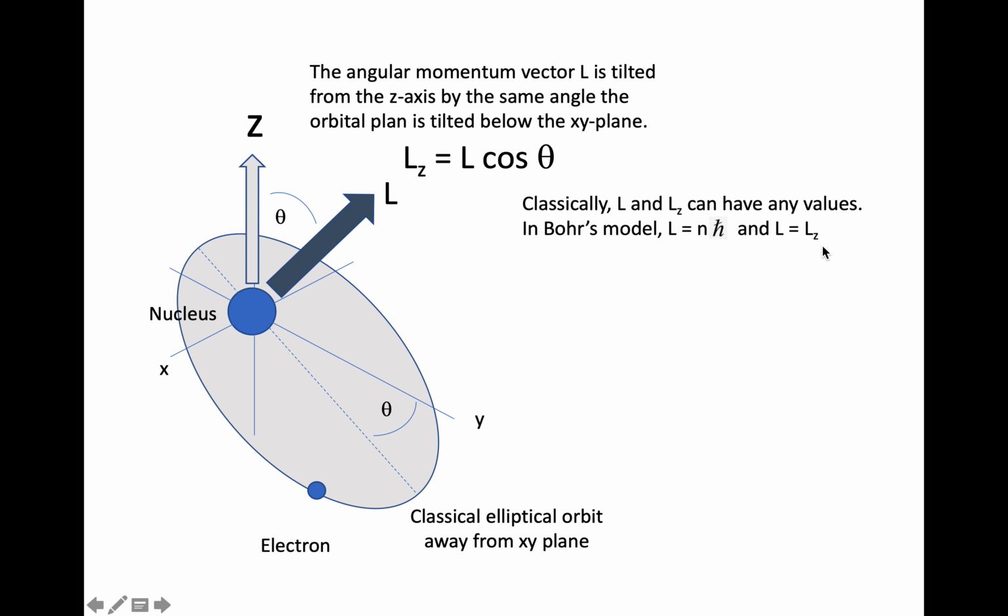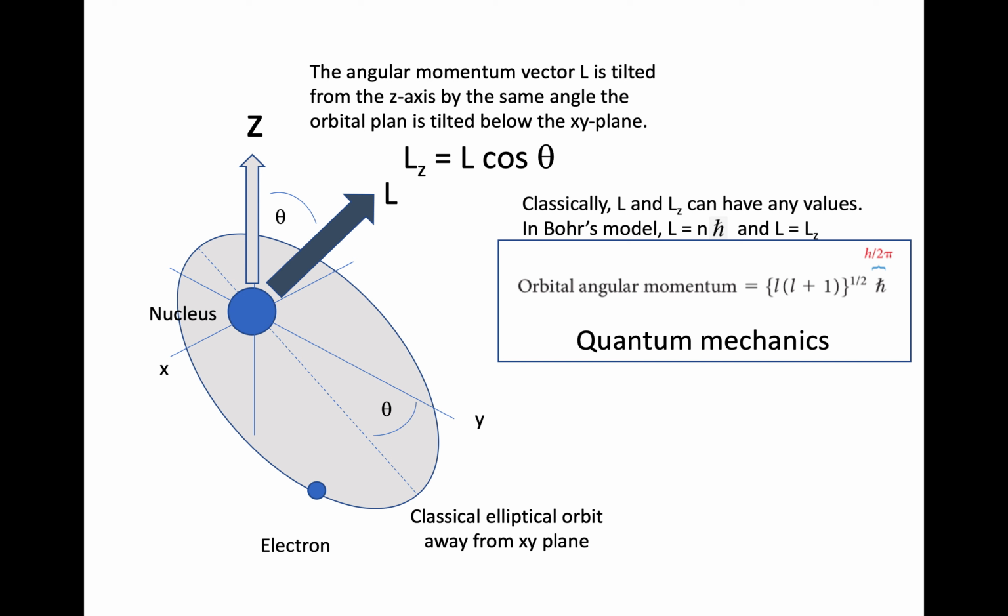In Bohr's model, notice how we've changed it. We've quantized the description for the angular momentum, our L term right here. And I would say that the L and the L sub z have to be the same because within our Bohr model, we had our rotation only in the xy plane. We weren't tilting off of it.